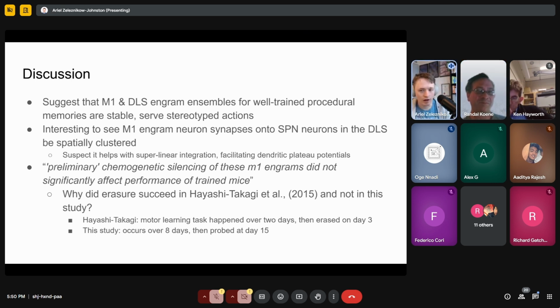I don't think it undermines the significance of the paper. Well, I guess insofar as, I think it's well established that you get engrams formed in multiple locations at the same time that subserve the same memory.